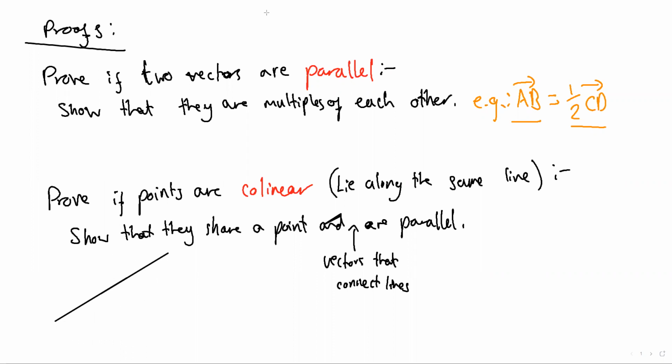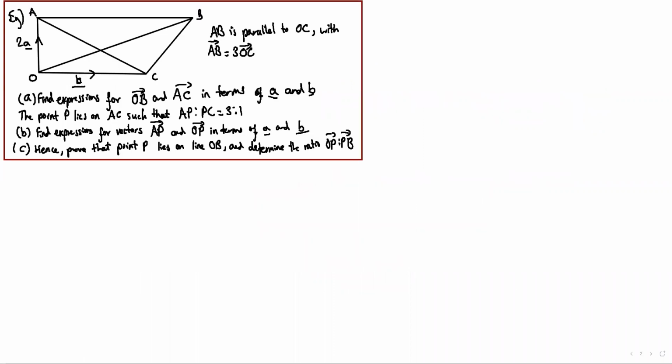It doesn't matter if you don't understand how that works, but it should give some intuition into why we use this to prove collinearity. Now here is an example that uses these ideas.